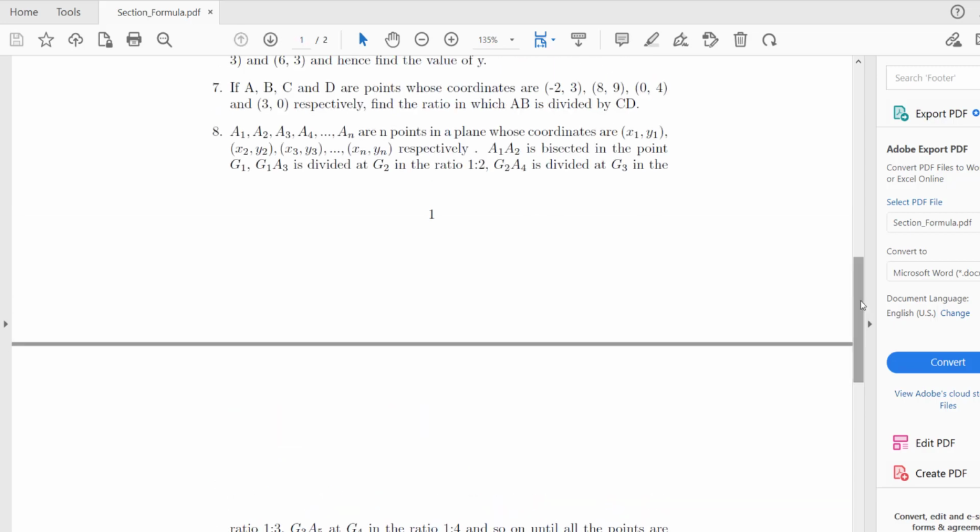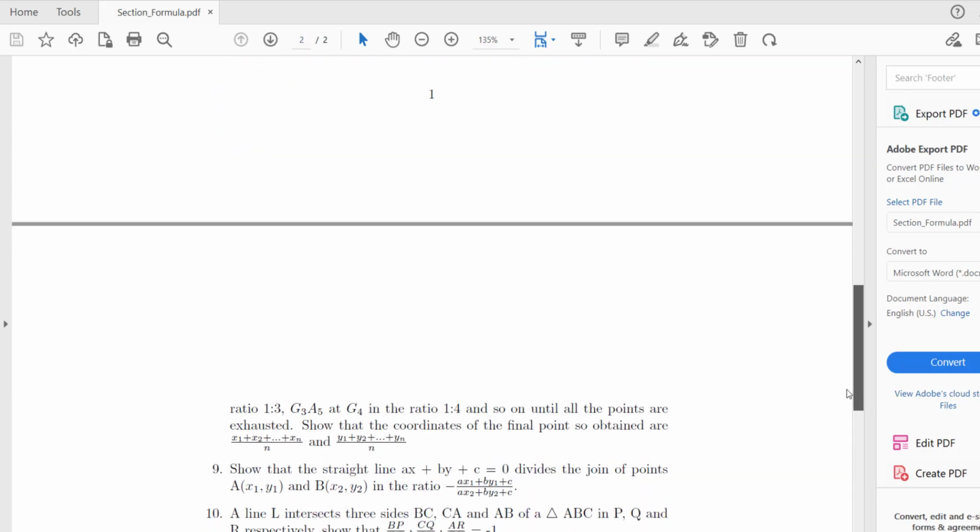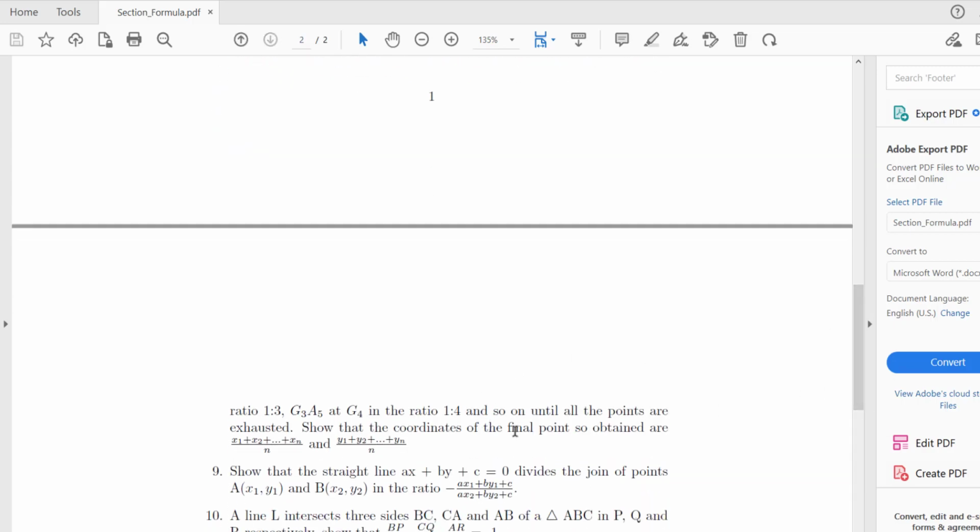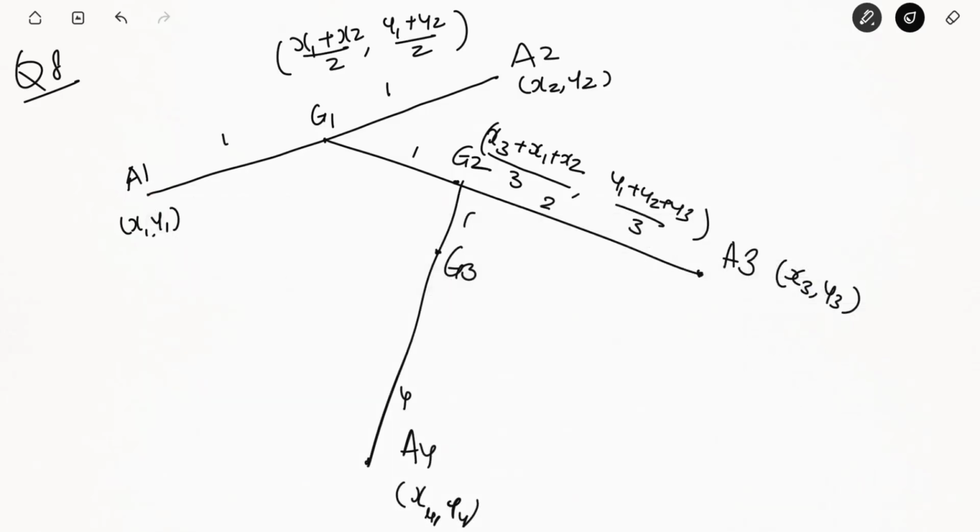If you see at the end, it says G1, G2, G3, G4, and so on until all points are exhausted, so that the coordinates of the final point so obtained are this point. So we have to keep calculating till we exhaust all the points, up to the nth point. So the coordinate of this will be 1 times x4 plus... sorry, this is 1:3, right? This is 1:3.